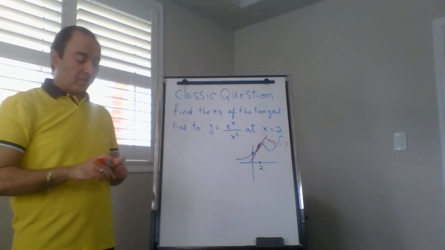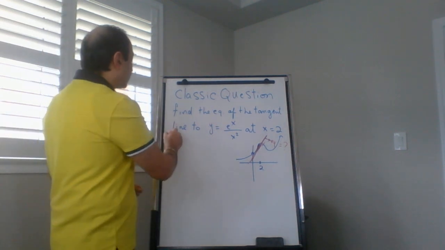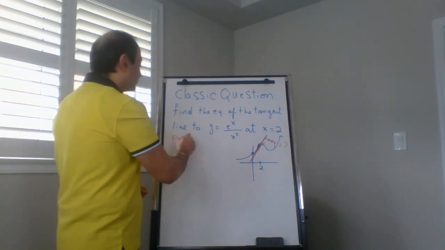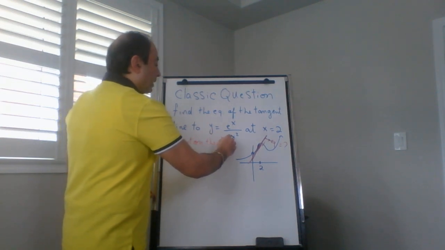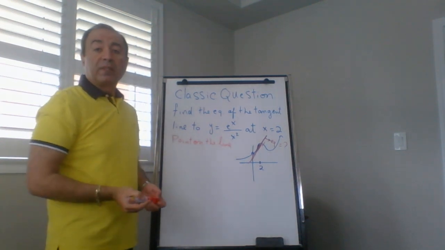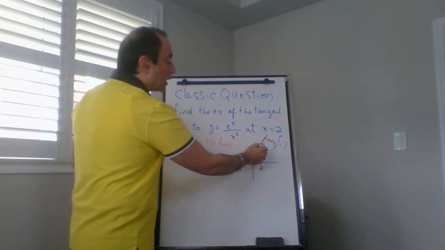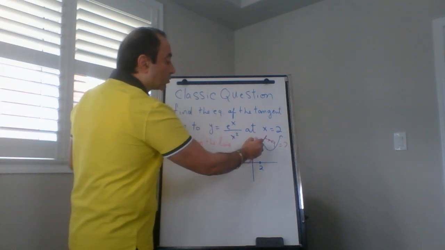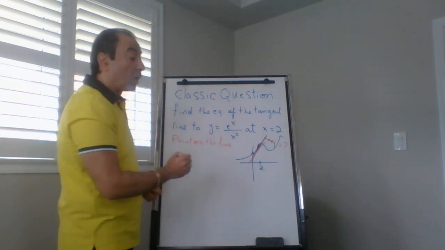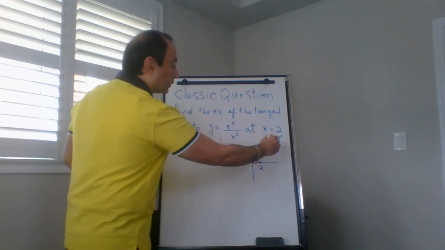As we said before, to find the equation of a line, we need two things. A point on the line, and in this case, the only point I can find is the tangent point, because it lies on both the line and the curve. So I can get y when x is 2 from the equation of the curve.